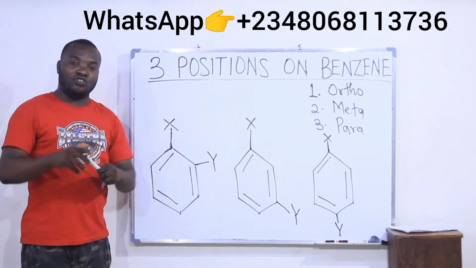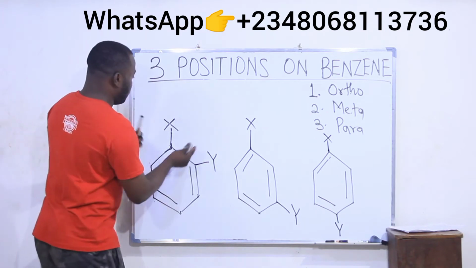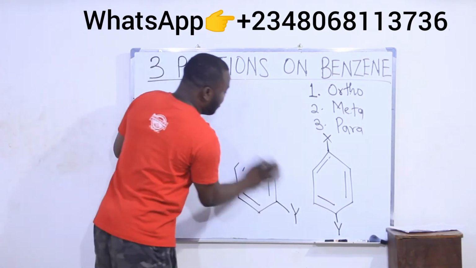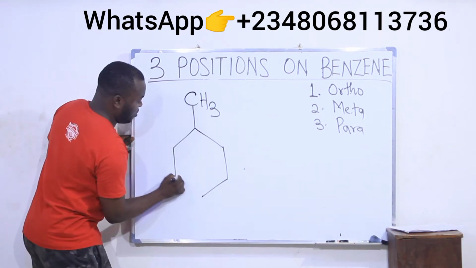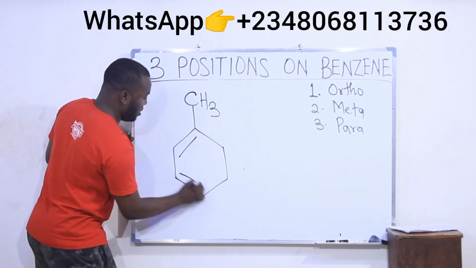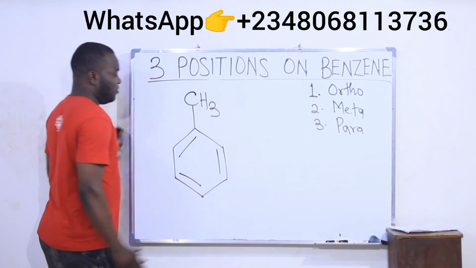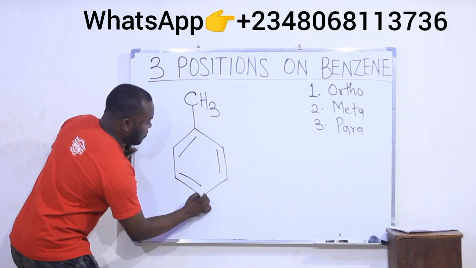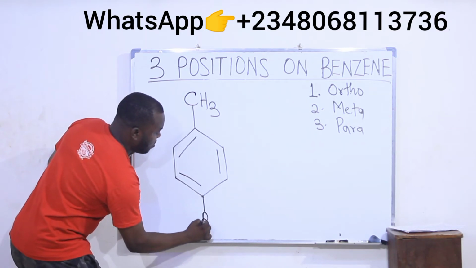Now let's draw some examples and try to name them with respect to ortho, meta, para. I have a benzene ring like this, and I have my bromine here.